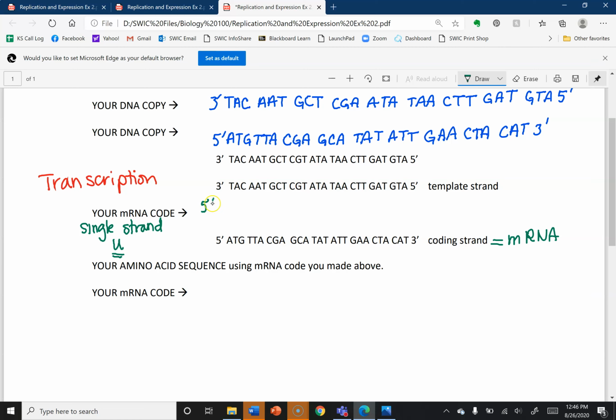Again, we have to consider that our strands are anti-parallel, so our strand is going to start at the 5' end, and then we're going to make our strand incorporating uracil instead.